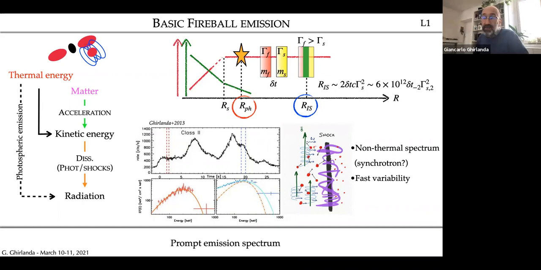One key point is that thinking about the development of shocks as due to instability, or discretization of the injection of energy at the base of the outflow, can also account for the fast variability, because you can imagine individual shocks producing spikes and several bunches of shocks producing pulses and so forth.